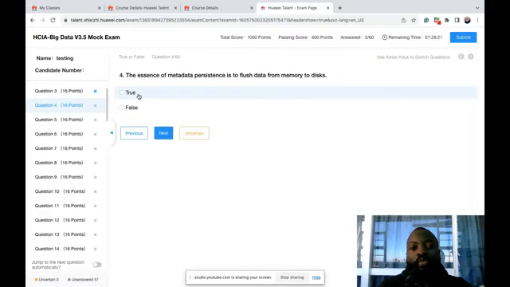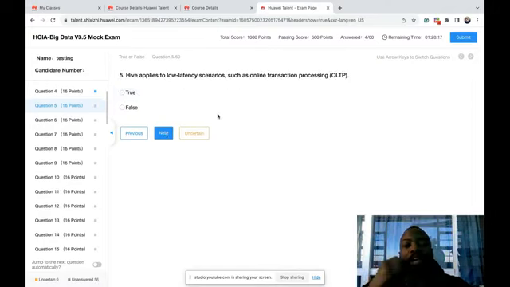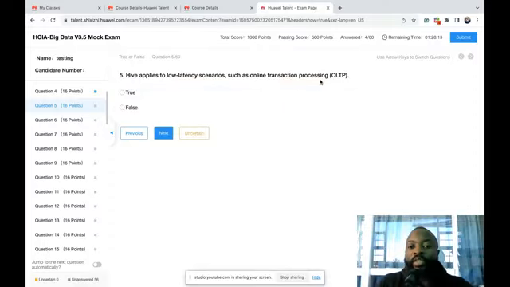That should be true. Let's see number 5. Hive is applied to low latency scenarios such as online transaction processing, OLTP. Okay, Hive is a low latency scenario? No, that is false.